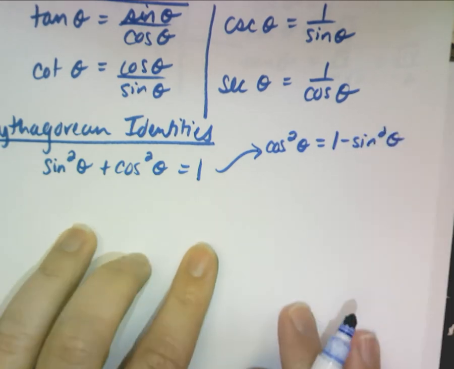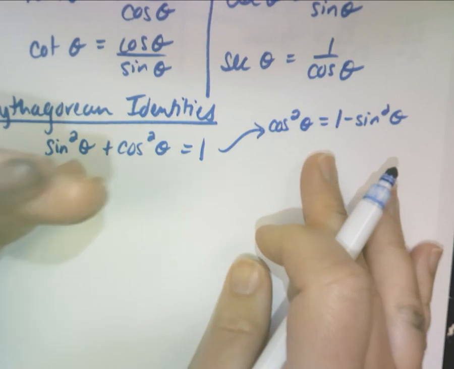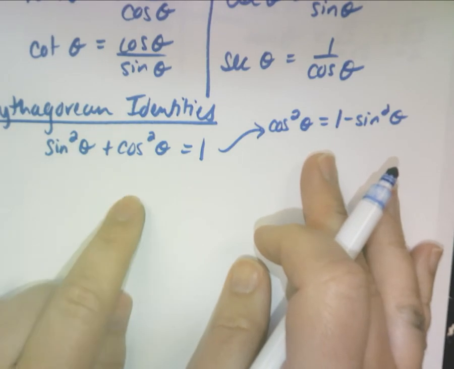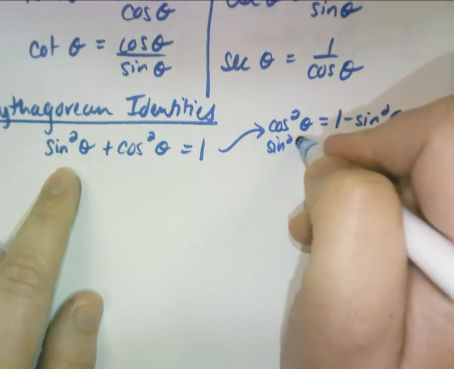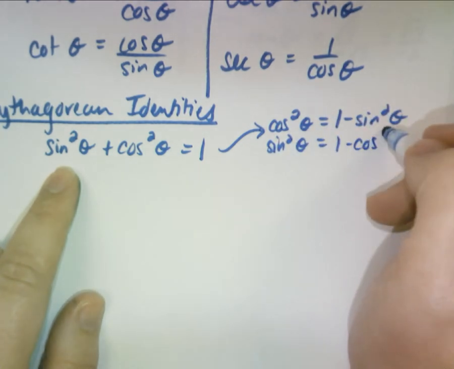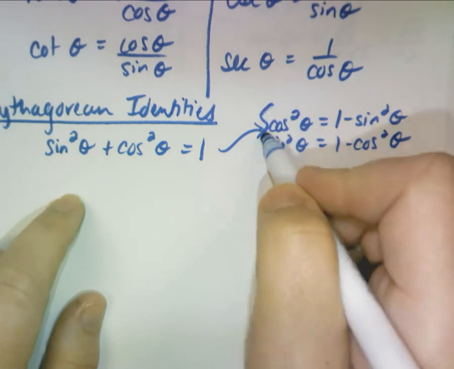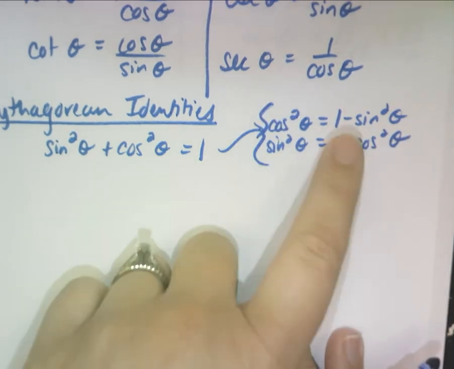That's another Pythagorean identity, but no one writes that down as a Pythagorean identity because it is already a manipulation of this. What could I say about sine squared? What is that one equal to? 1 minus cosine squared. Good job. So these are manipulations from this one. So you need to look for this.